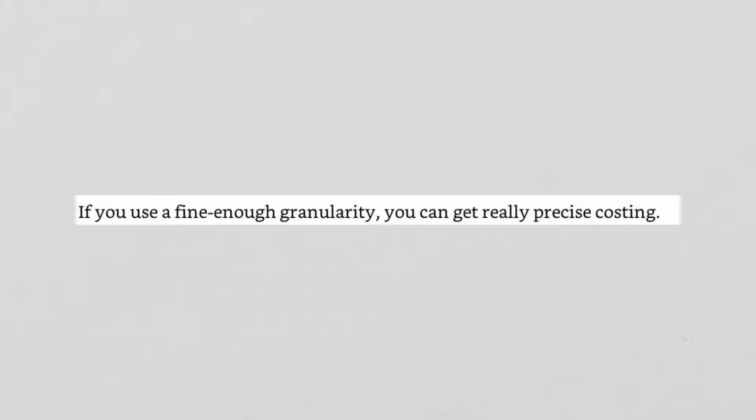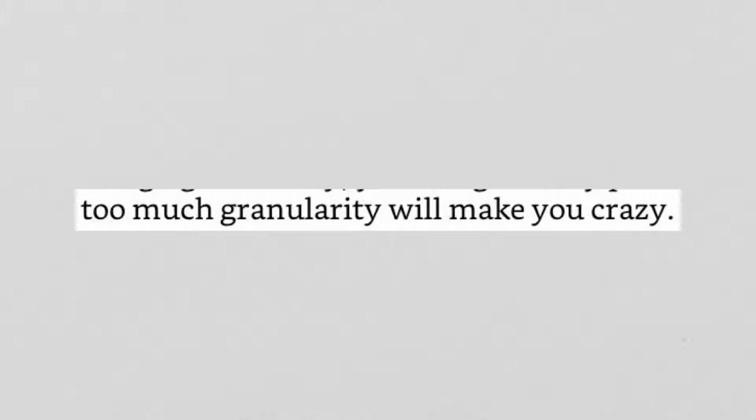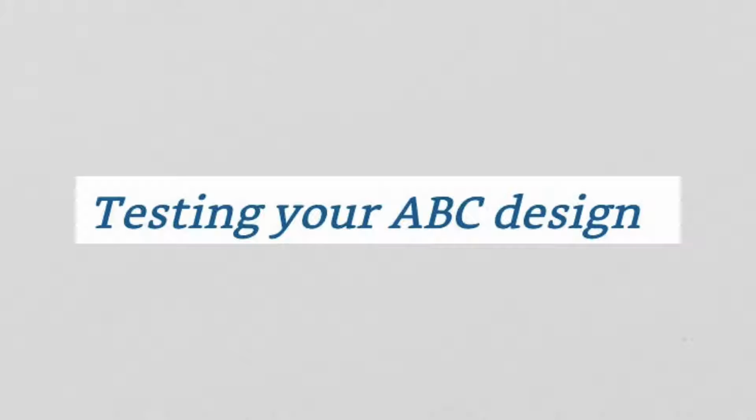When we do the ABC costing and we get more and more precise in how we allocate indirect costs using different allocation bases, it's called granularity. It's basically breaking it down into its various activities, its parts, and allocating the costs according to that more precise costing. Granularity is great, but too much will make you crazy. So there's a cost benefit to using ABC costing.